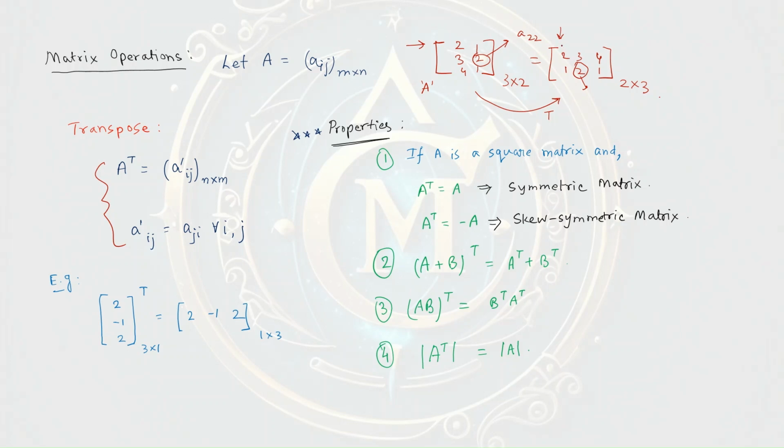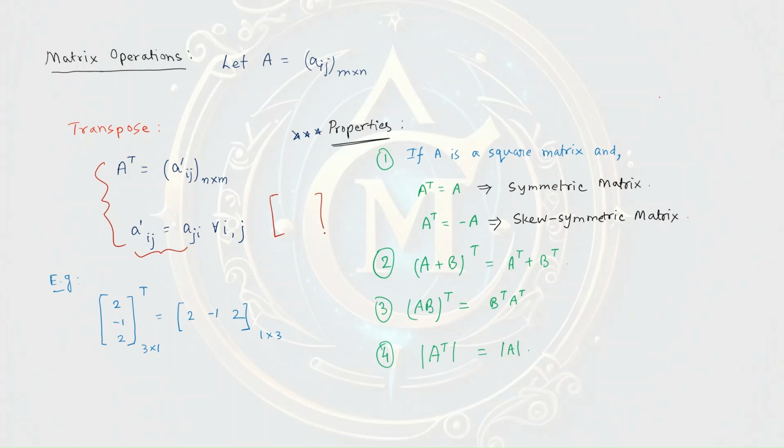So here also the second row and the second column element becomes A dash 22, which is equal to A22, because i is equal to j. So when i is equal to j, the position remains unchanged. So for a square matrix, the principal diagonal elements remain unchanged upon performing the transpose operation.